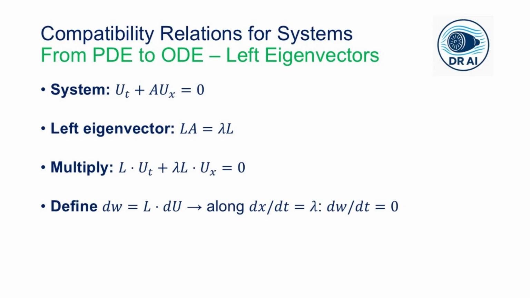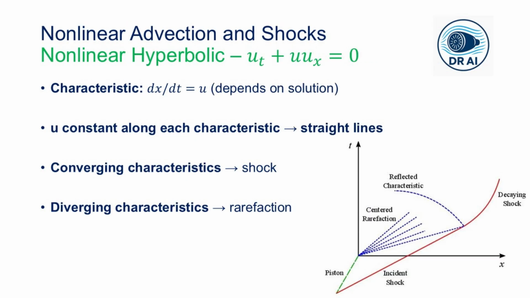Along the characteristic dx/dt equals lambda, we obtain dw/dt equals 0. Thus w is constant along the characteristic; that is the compatibility relation. For the Euler equations, these relations reduce the complicated nonlinear systems to a few ODEs integrated along the characteristics.